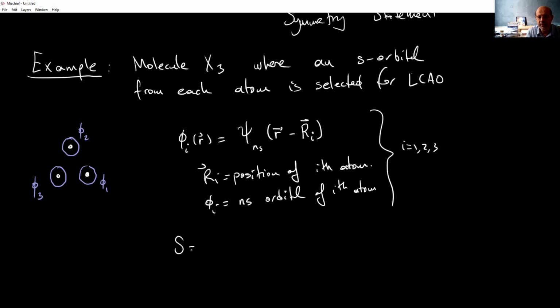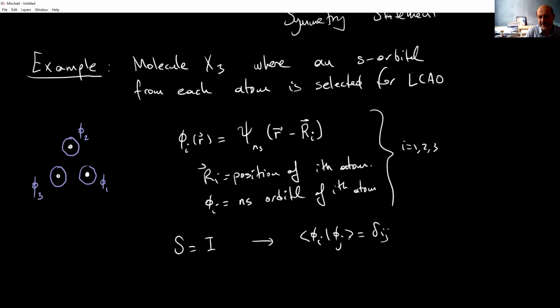Again, I'm going to assume that the overlap matrix is equal to identity. Therefore, this inner product of phi i and phi j is equal to delta ij. In reality, it is not. Especially for the 1s orbital, I know that it is non-zero everywhere, and it's always positive. So the overlap of two 1s orbitals is always non-zero.